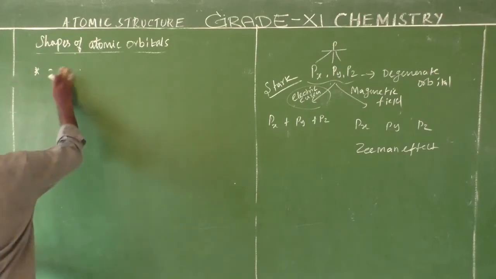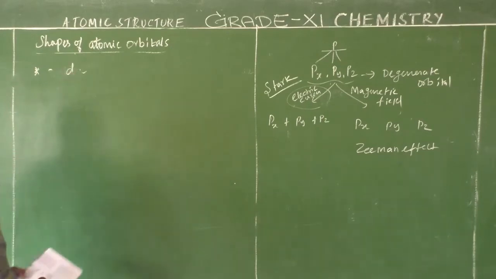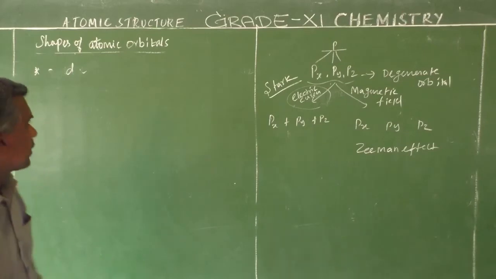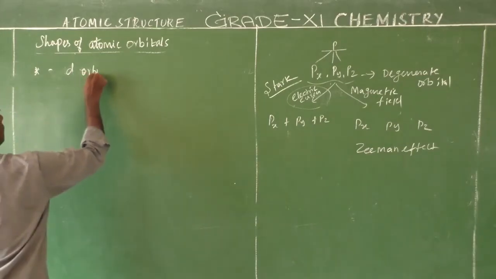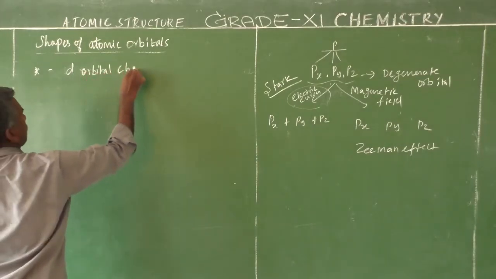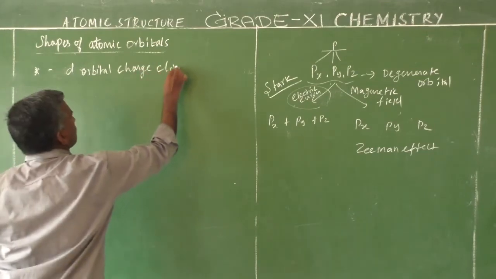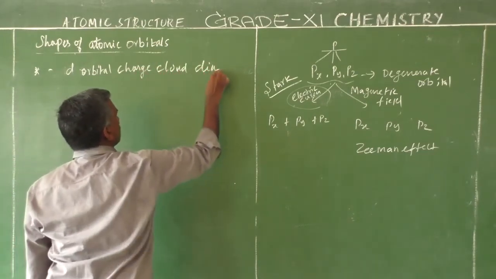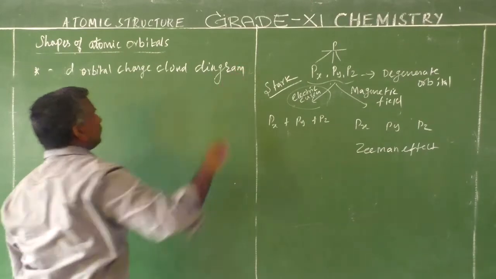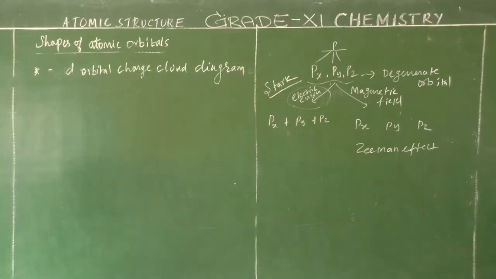The d orbital charge cloud diagram. Okay.